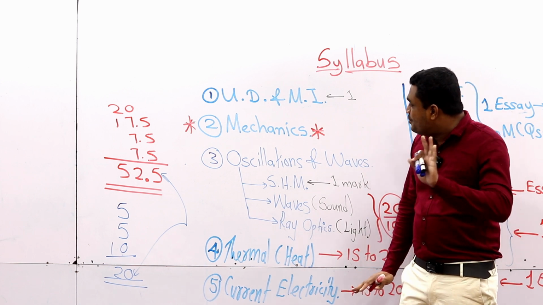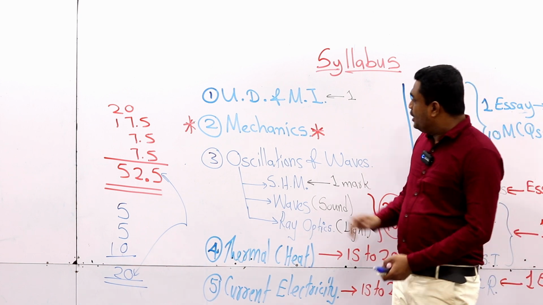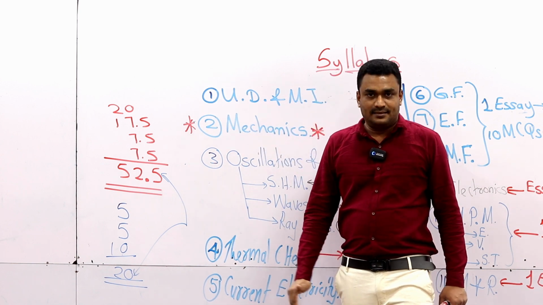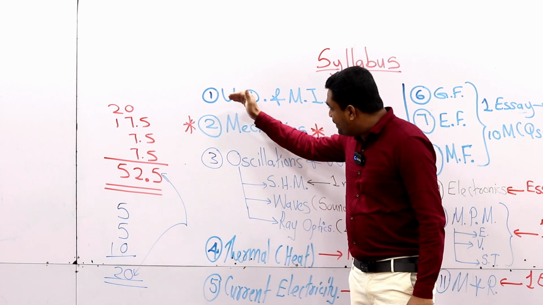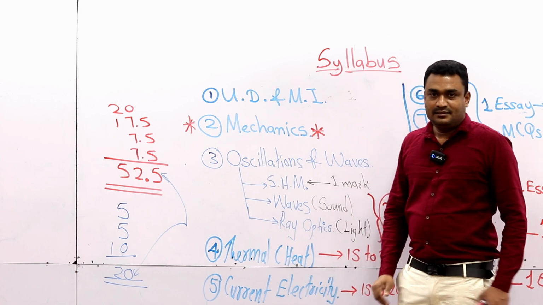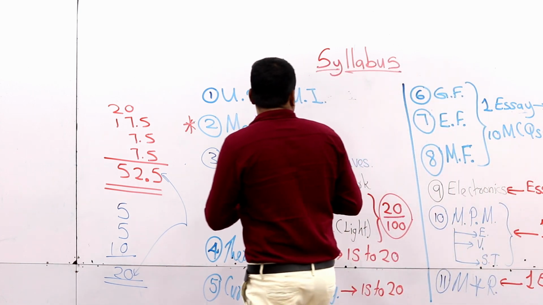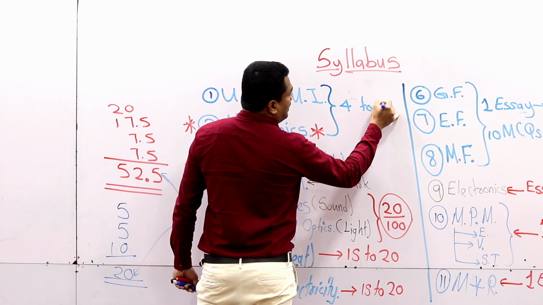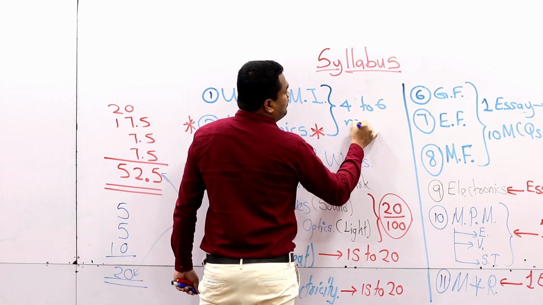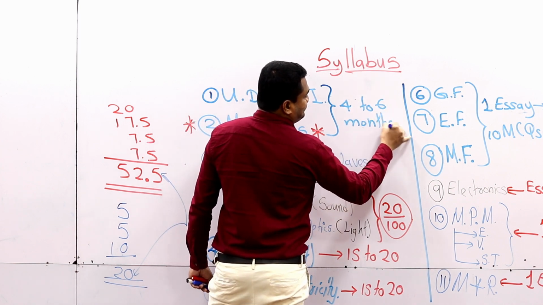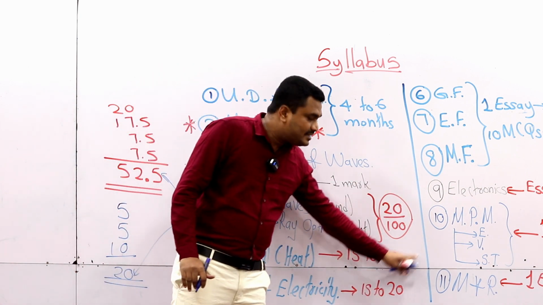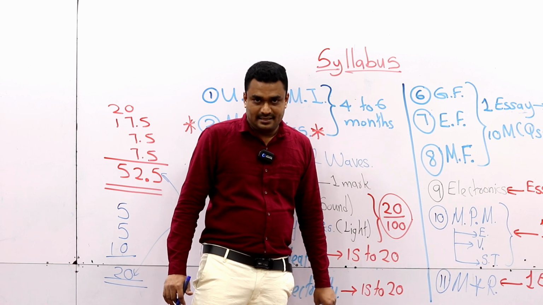Therefore, my advice, the study plan is this: quickly complete the first 2 lessons. Within about 4 to 6 months, try to complete this. Then you have another 1.5 years to learn the other lessons.